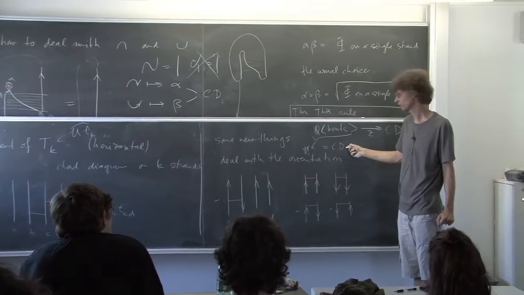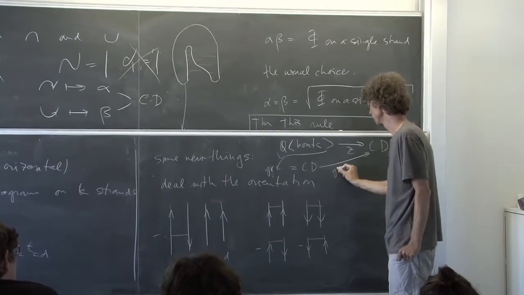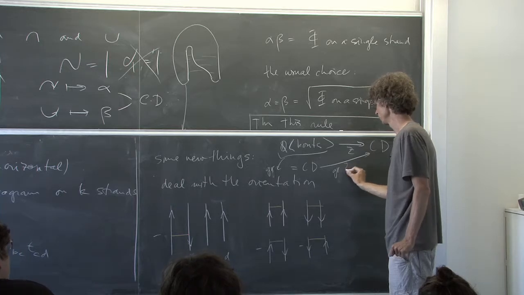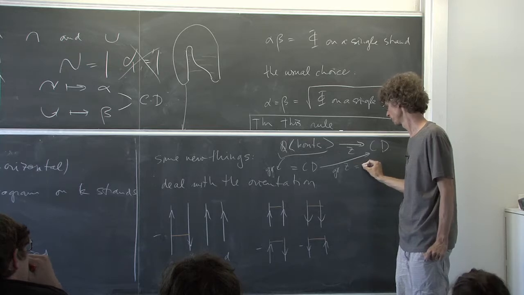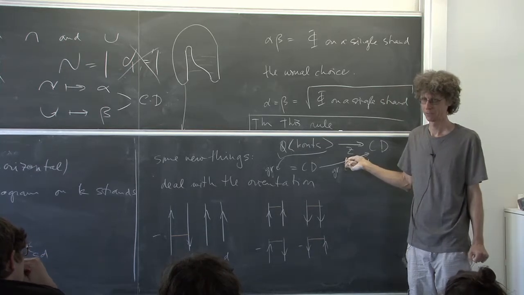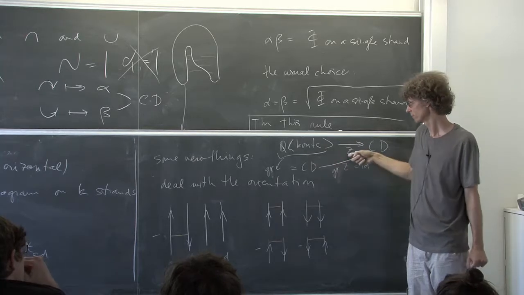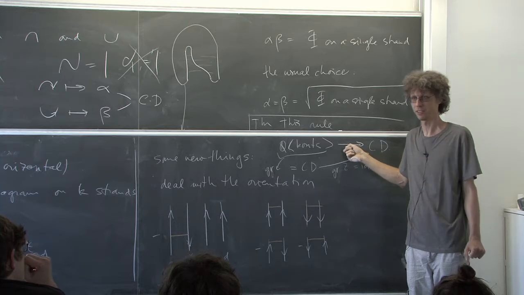The associated graded is equal to that. And from here, we can go to CD with this gr of Z, but that gr of Z is the identity. So somehow that Z doesn't lose anything.